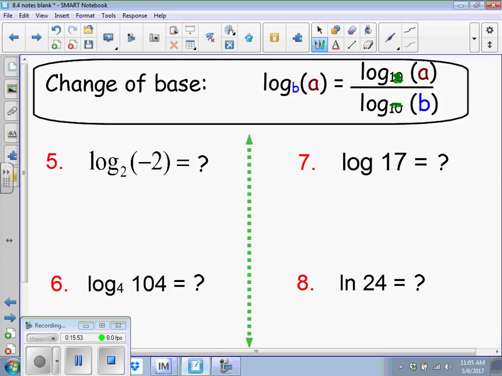On your calculator, you'll just do log of A divided by log of B, and you just calculate that. But that allows you to take something where you normally couldn't use your calculator and change it to common log so that you can.